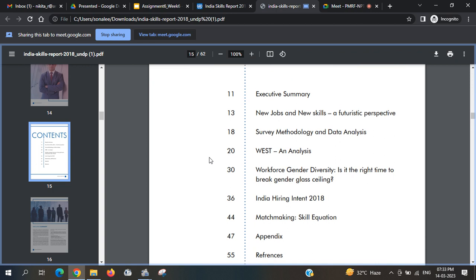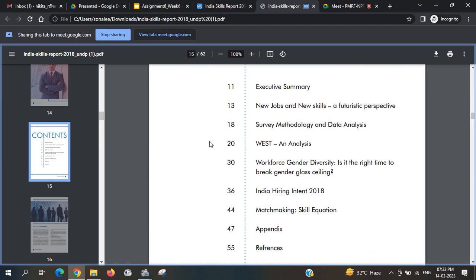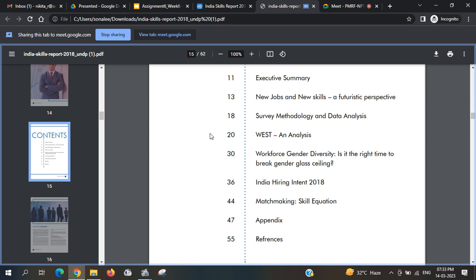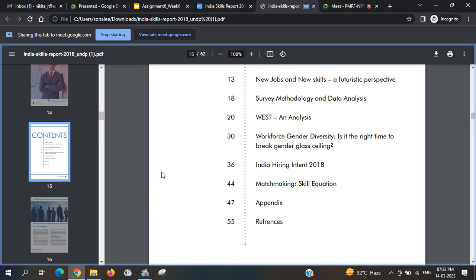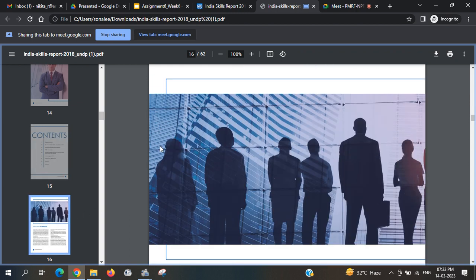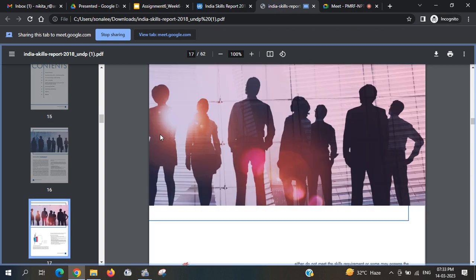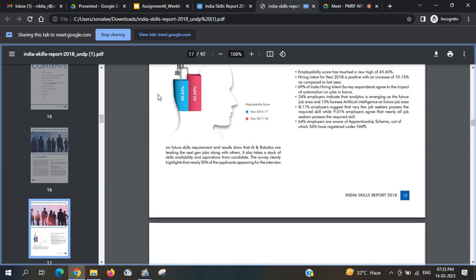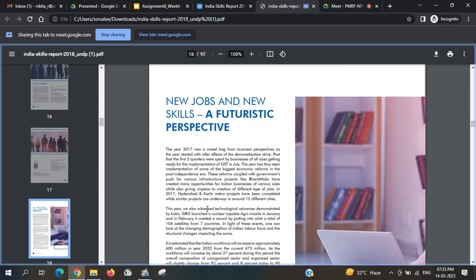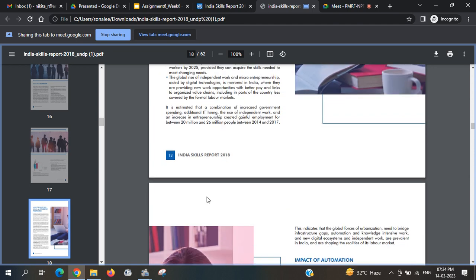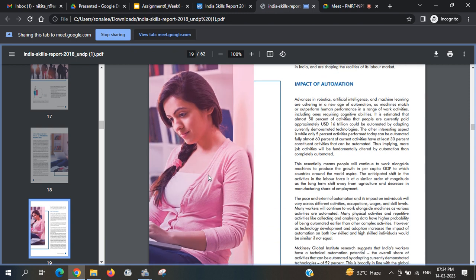It tells you about workforce and gender diversity, then India's hiring intent, and skill matchmaking for the job seeking people and the various employers. So if you want to read further about this report, you can go on to this link, and this is the 2018 report of India Skills.